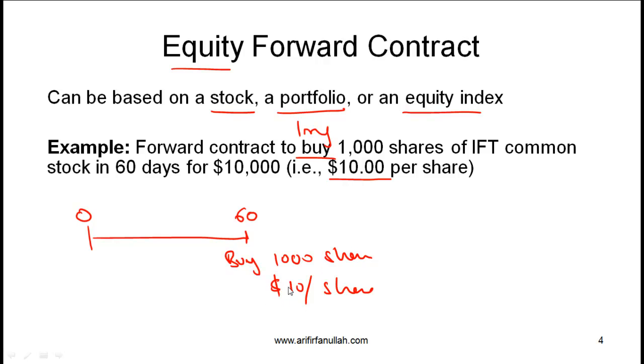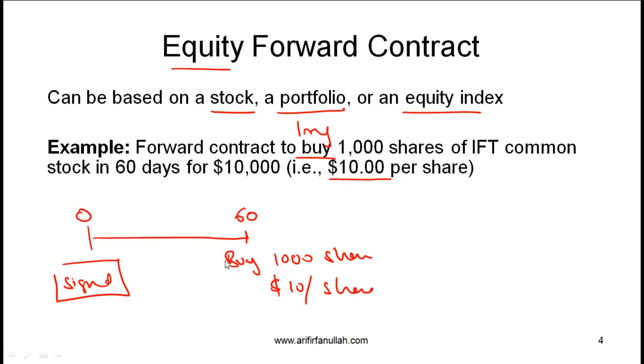So that's our contract price. We are essentially committing to pay $10,000, and in exchange the short party is committing to deliver 1000 shares. If this is a delivery, that is, the short will actually deliver these shares. Now this contract was signed on day 0.